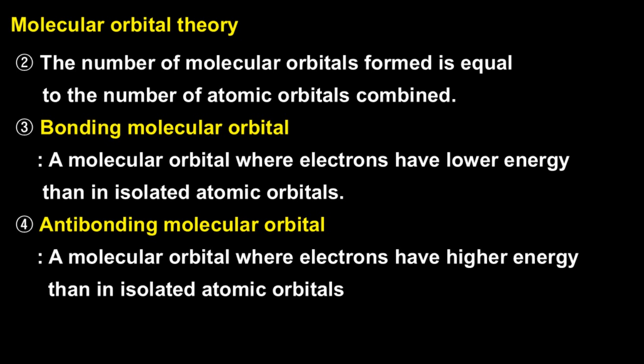Since electrons naturally prefer lower energy states, this makes the bond more stable and helps hold the atoms together. On the other hand, an antibonding molecular orbital has higher energy than the original atomic orbitals. And because of this increased energy, putting electrons in an antibonding orbital can actually weaken the bond or even prevent it from forming altogether.